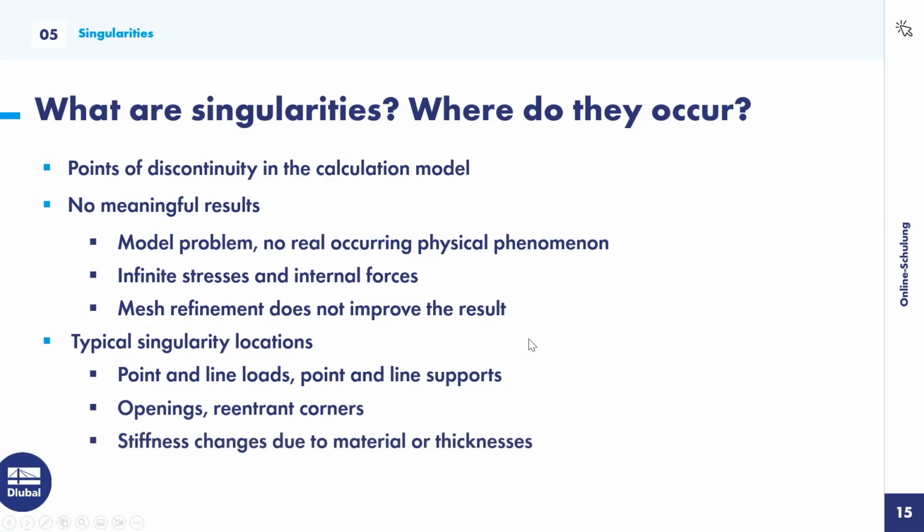So for example, when the stiffness changes due to a material change or a thickness jump, that's also a situation for singularities. All of these points I can explain to you further in the next model.